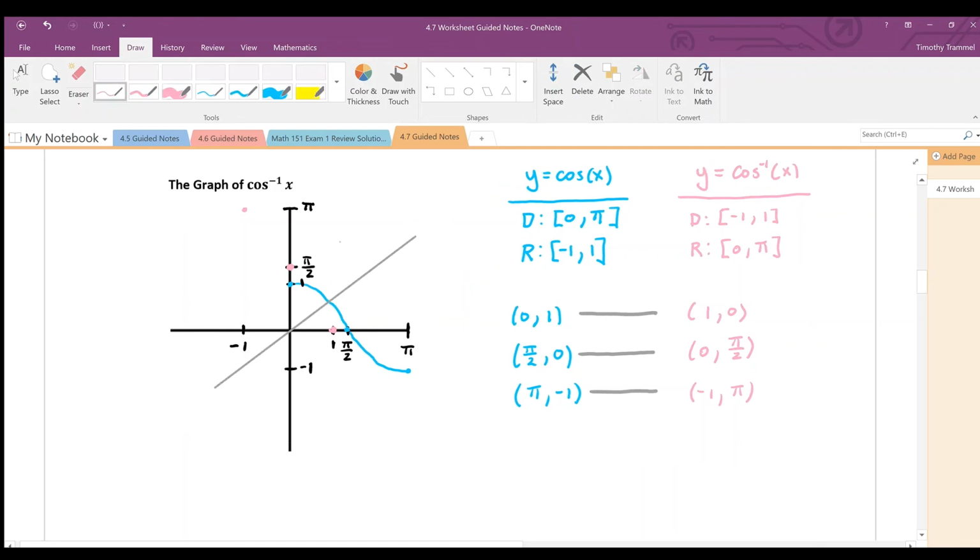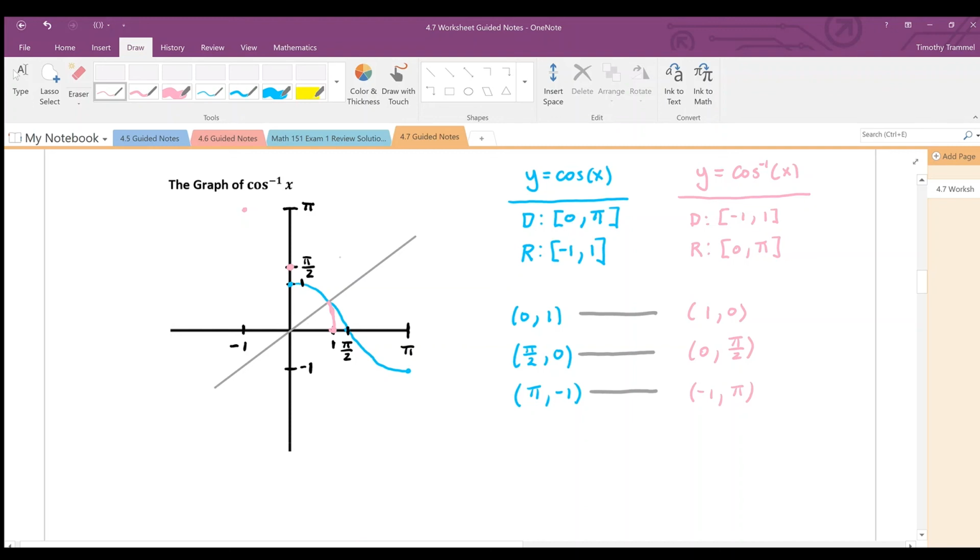There we go. So what I want us to do now is try to imagine flipping this piece that's above the line y equals x across the line y equals x. If we did that, we'd end up with something that looked like that. Okay. Again, my scaling's not perfect, but we should get a good idea of what this looks like.